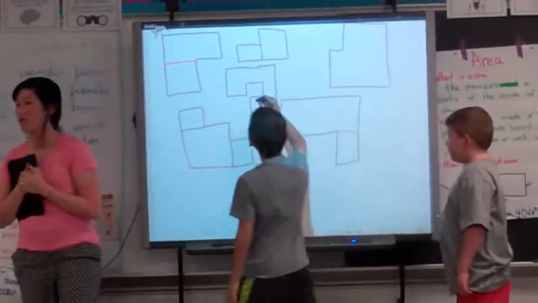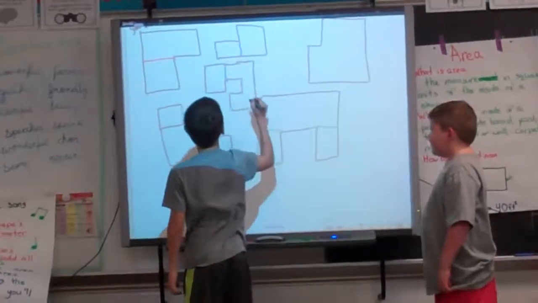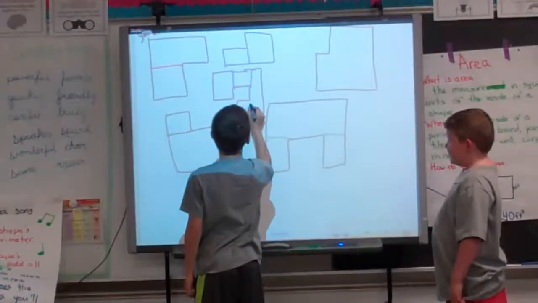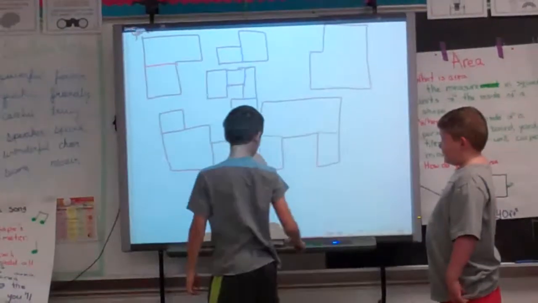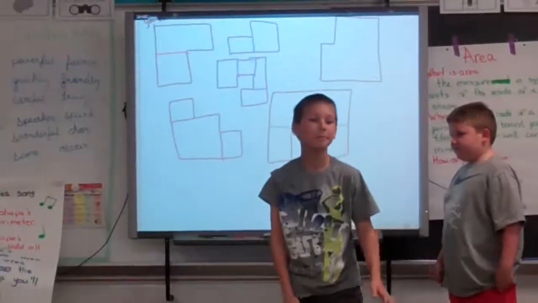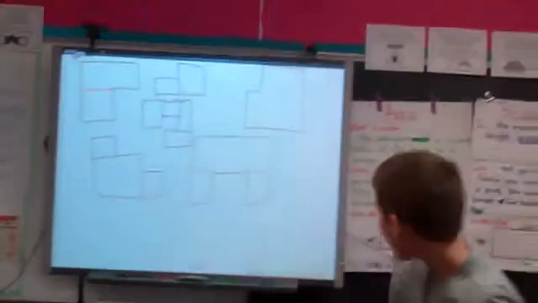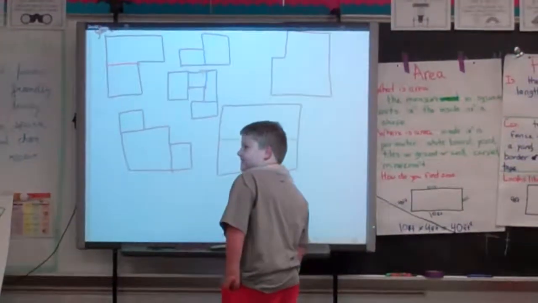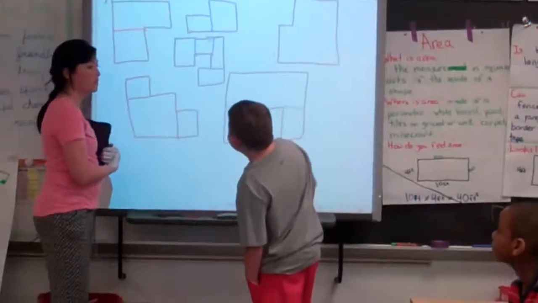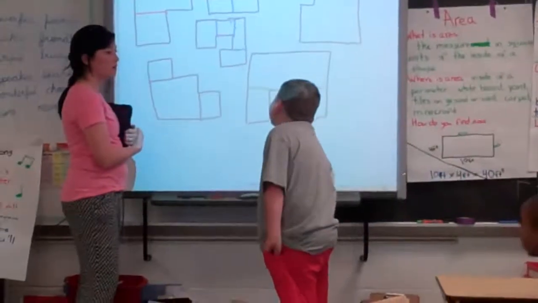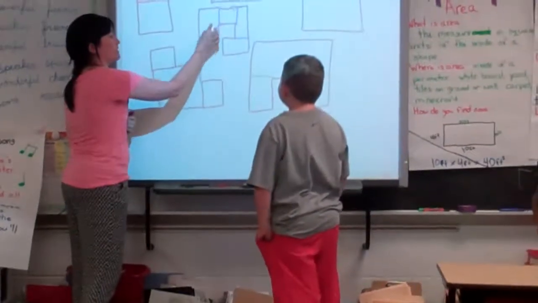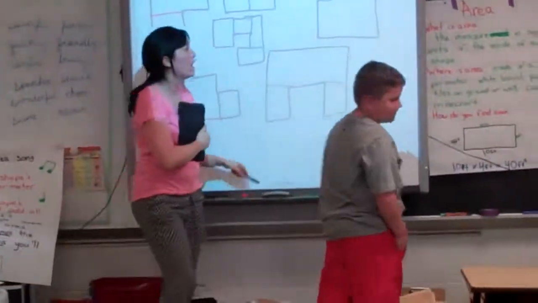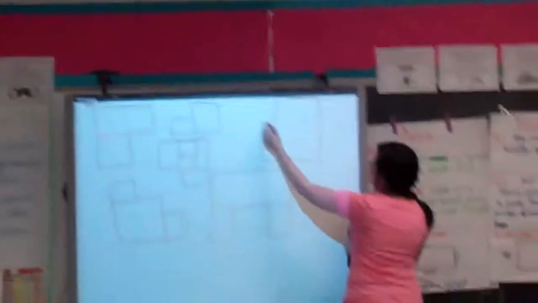All right, I want you all to look at that. I want you to look, Landon. Does he have 4 rectangles? Does he have any irregular shapes inside of that? No, he doesn't. He has 1 rectangle, there's another rectangle, there's another one, and there's another one. Good job. And then the last one, you could go like this.